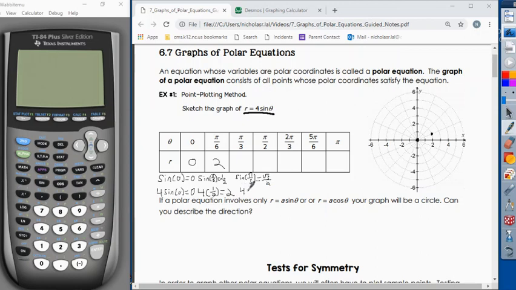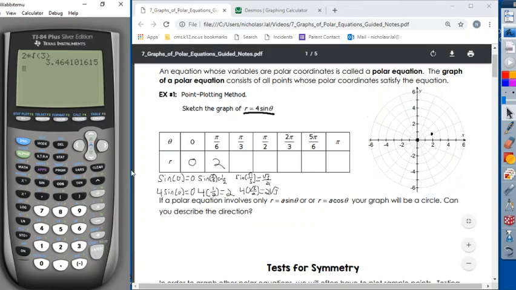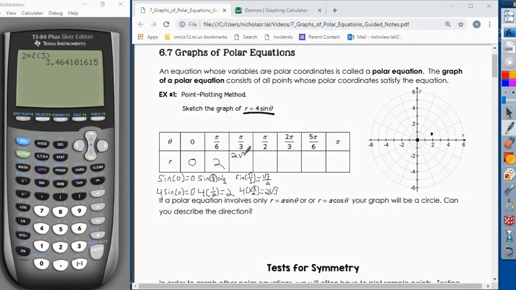So 4 times root 3 over 2 is equal to 2 times the square root of 3, which is approximately equal to 3.46. And we can keep on plotting points.